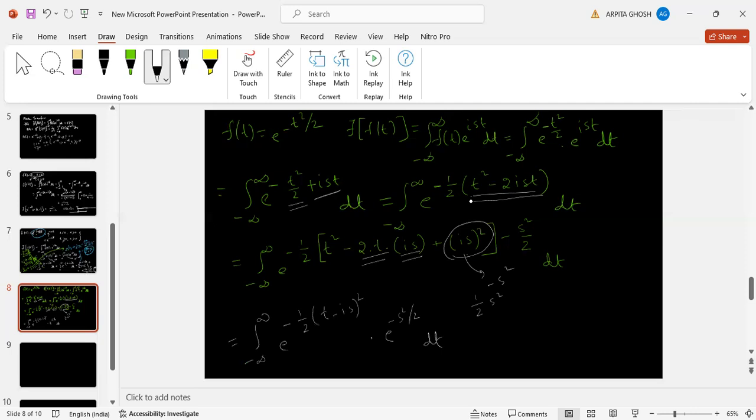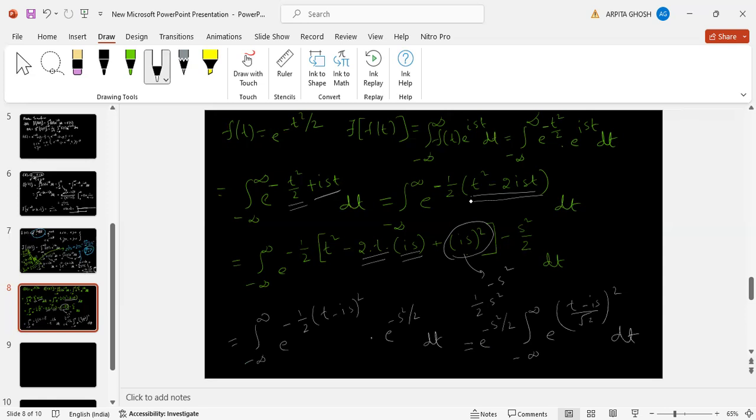Obviously, the second part has nothing to do with t, so we can take this one out, e to the power minus a square by 2. We are left with integral from minus infinity to plus infinity e to the power minus half into t minus is whole square. So we can write it as t minus is by root 2 whole square. এবারে সায়নদীপ যেরকম বলছিল ওরকম ভাবে আমরা সাবস্টিটিউট করব। e to the power minus half into t minus is whole square.